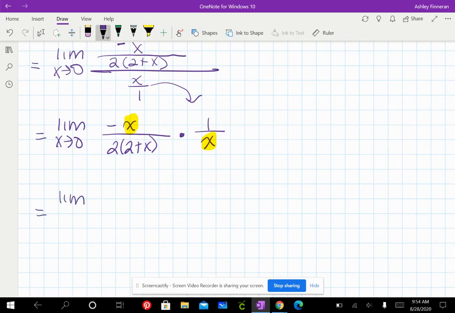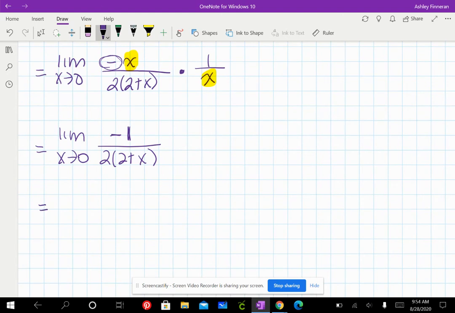So I get the limit as x goes to 0 of negative 1 over 2 times 2 plus x. Don't lose this negative sign. That's an easy thing to lose in the question. And if we plug in 0, so now I can finally use direct substitution, I get negative 1 over 2 times 2, which just gives me negative 1/4.